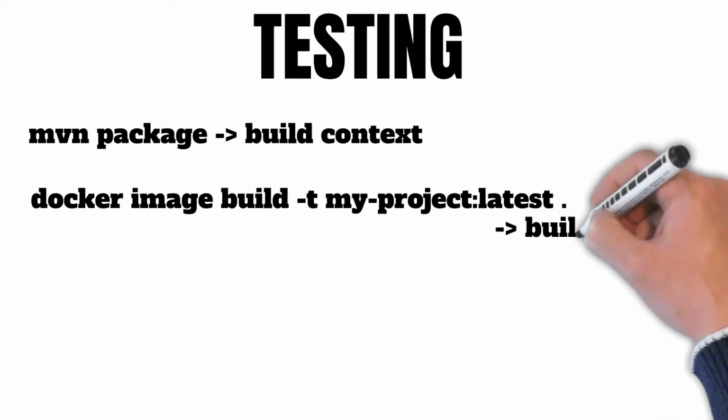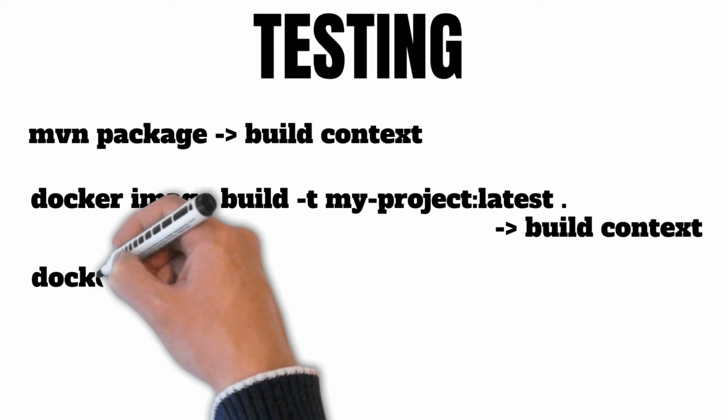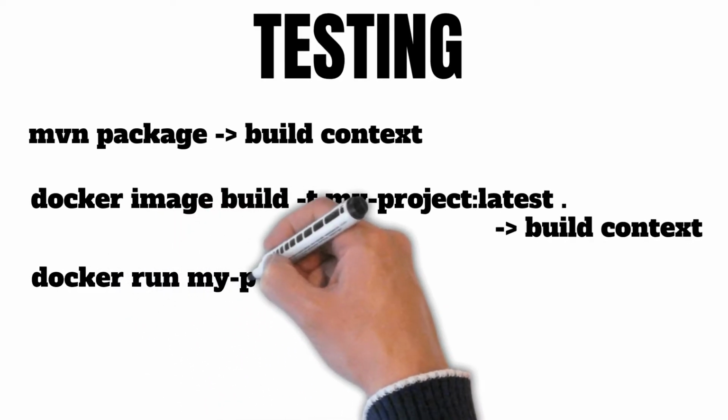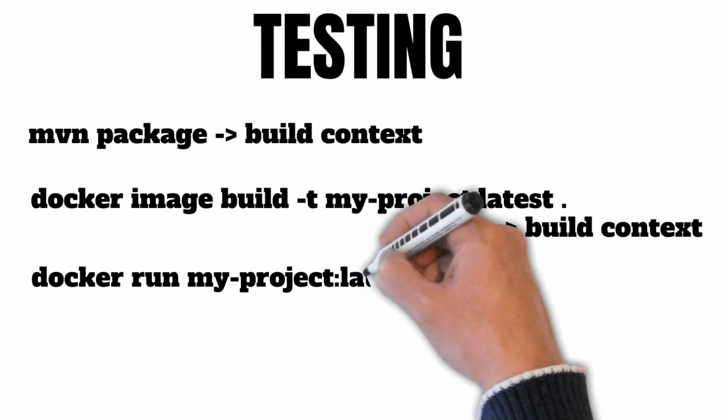Again, this command is also executed from the build context where we have our Dockerfile alongside the src folder and the pom.xml file. This command builds our docker image and registers it in the docker engine. Since our image is now built and registered, we can run it by calling the docker run command and giving it the image name with the tag.